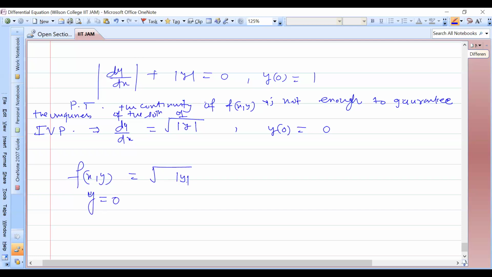If you consider dy by dx equals, one thing is minus root of y, because your modulus function is defined like that. Mod of x is plus x for x greater than 0, 0 for x equals 0, and minus x for x less than 0.